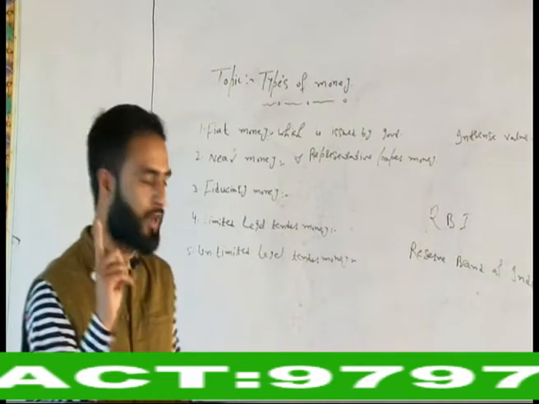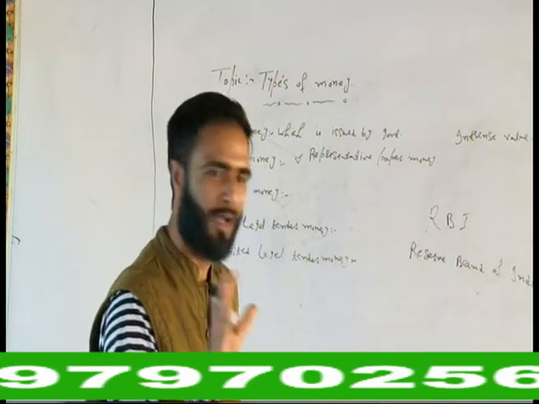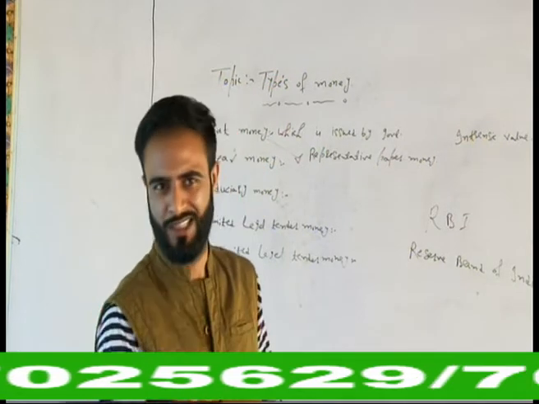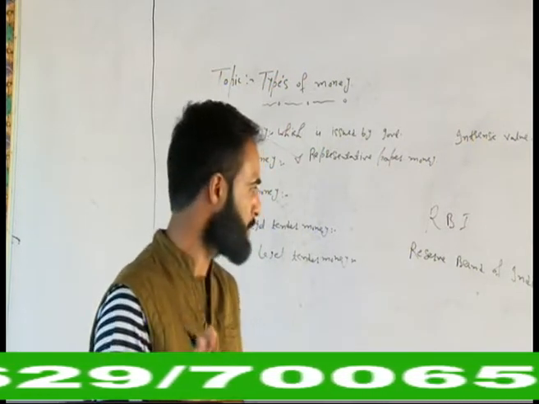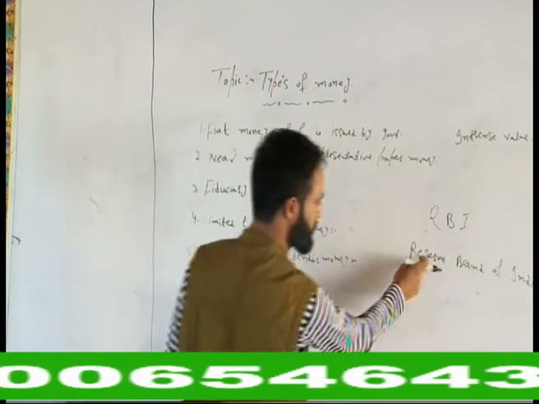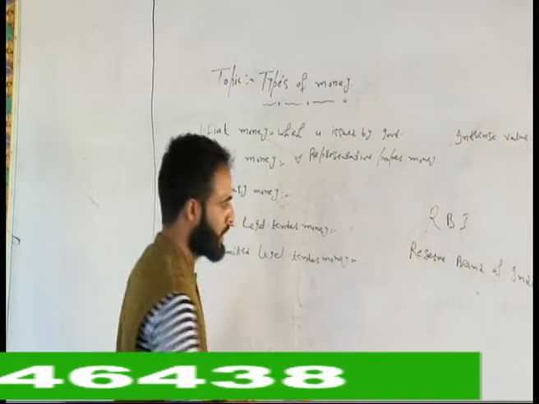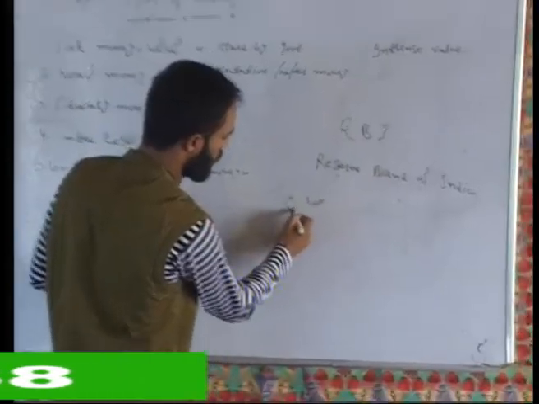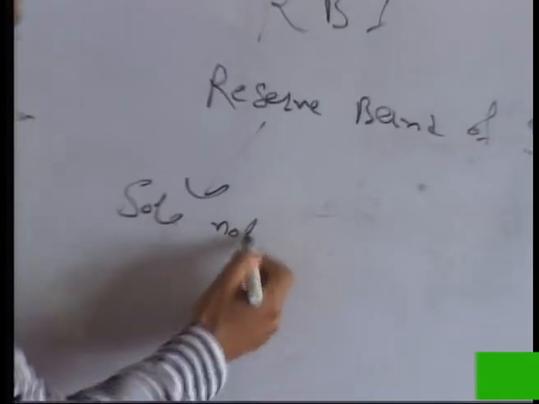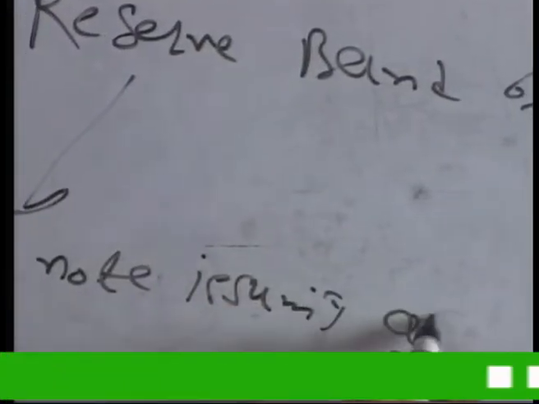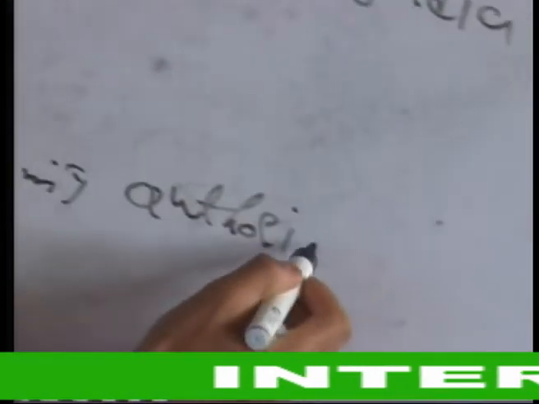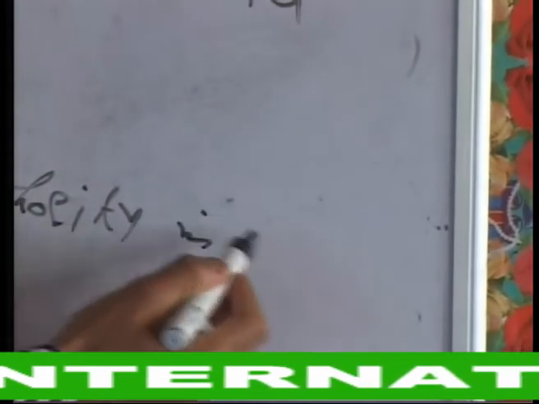Remember, dear students, all the paper notes, either 10 rupees note or 100 rupees note, are issued by this Reserve Bank of India. Reserve Bank is the sole note issuing authority in India.